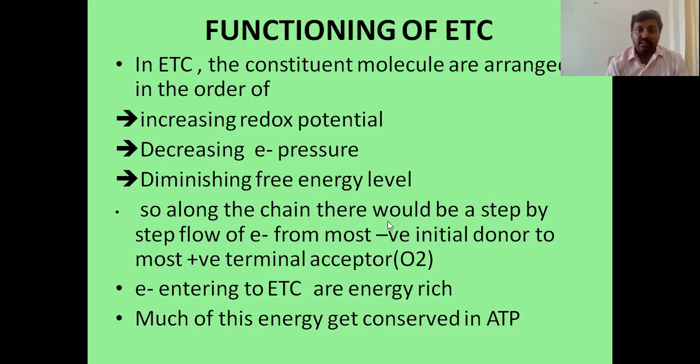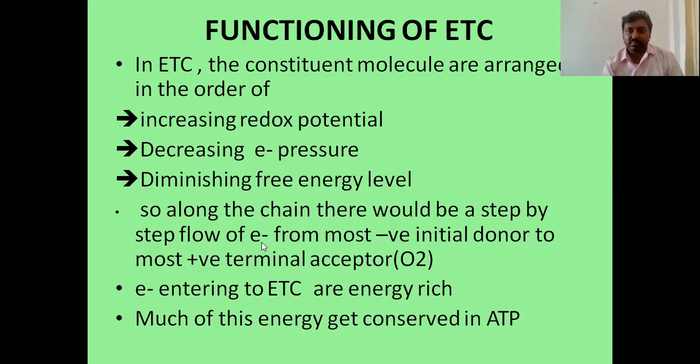Along the chain there is a step by step flow of electrons from the most negative initial donor to the most positive terminal acceptor. The electrons move from NADH or FADH2 finally to oxygen only.